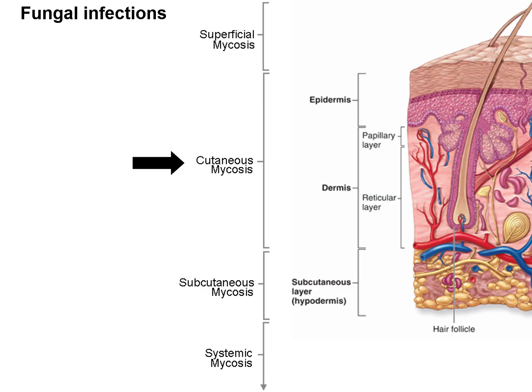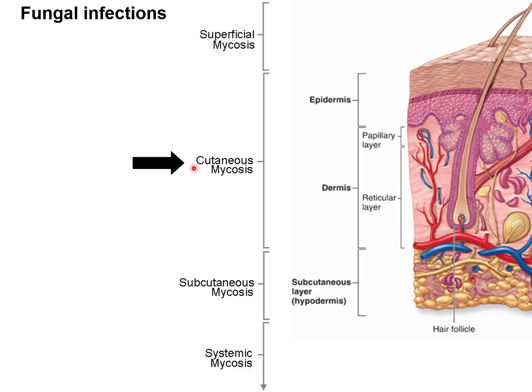Cutaneous mycosis is sometimes grouped with superficial mycosis, so lots of people will group these two together. However, we can basically separate between the two groups due to some differences that I will mention as we go along. Cutaneous mycosis can be caused by Candida, but people mostly discuss dermatophytes when they're referring specifically to cutaneous mycosis.